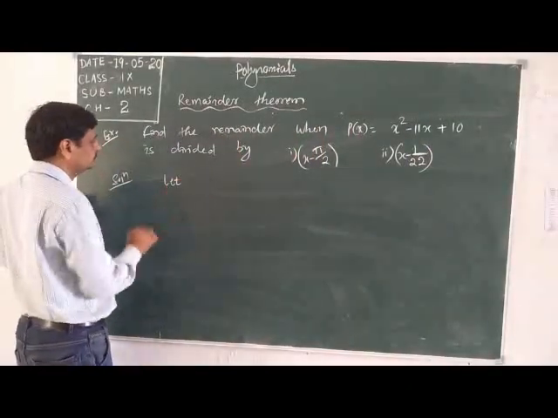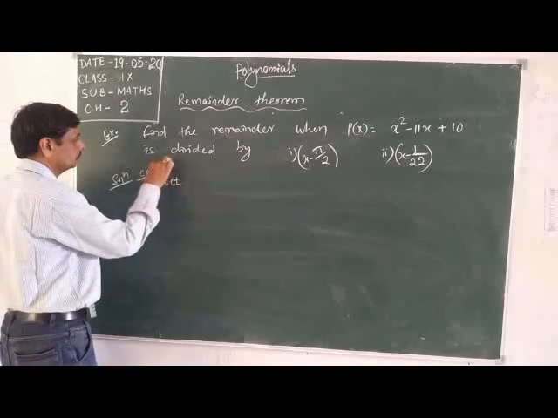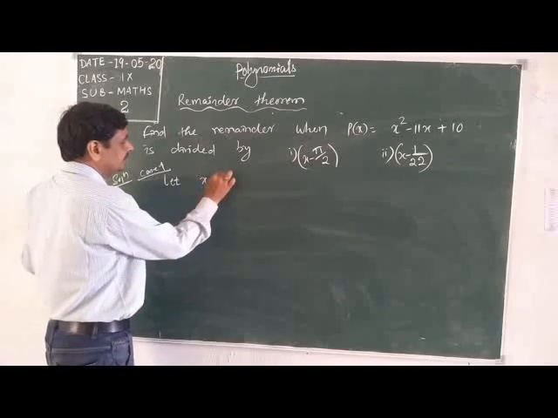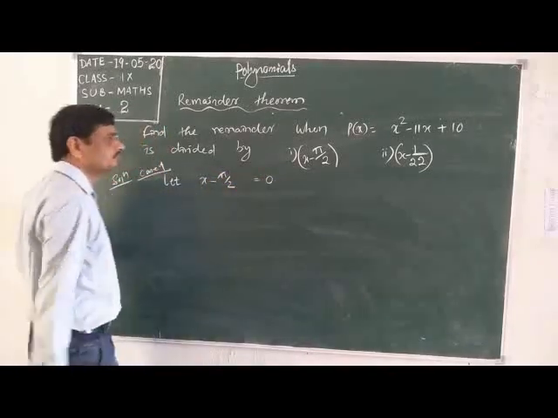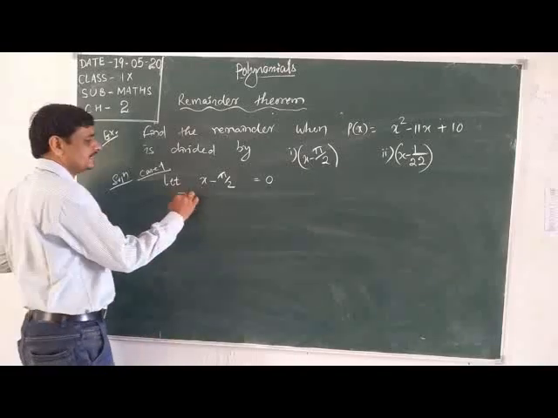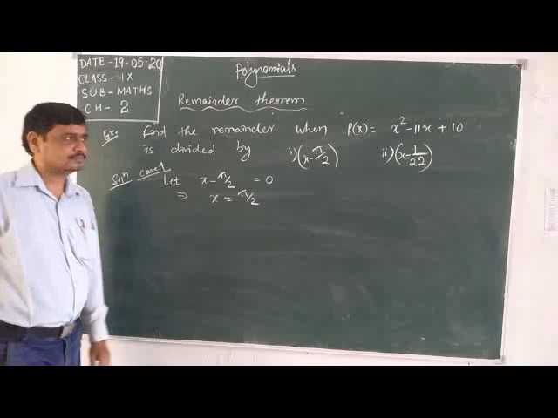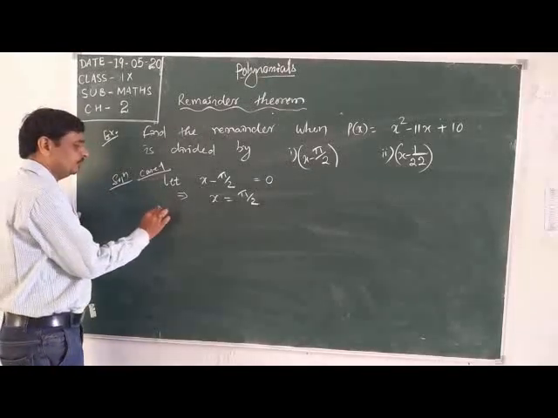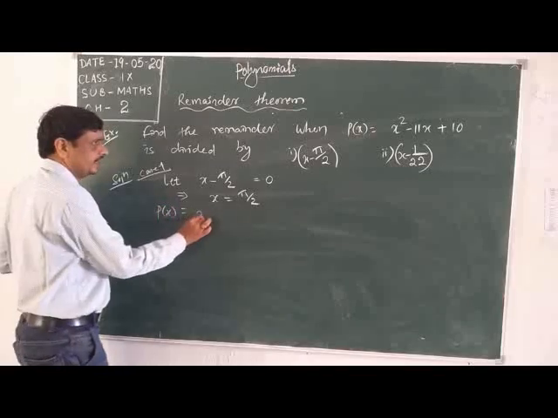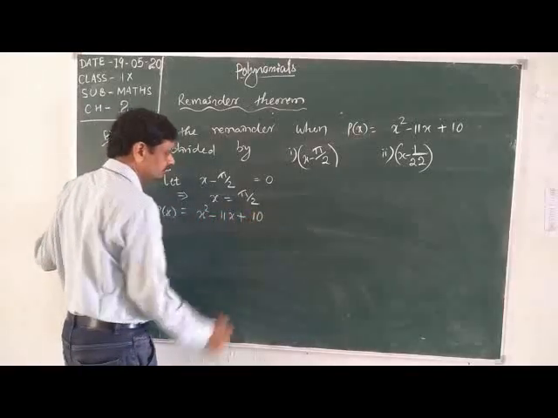Let case 1: x minus 5/2 is 0. This implies x becomes 5/2. Now the polynomial is x square minus 11x plus 10.